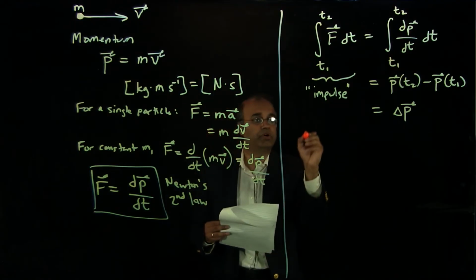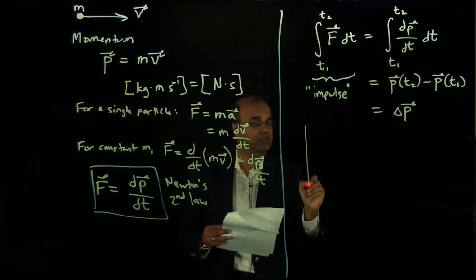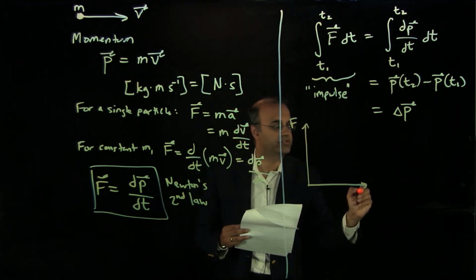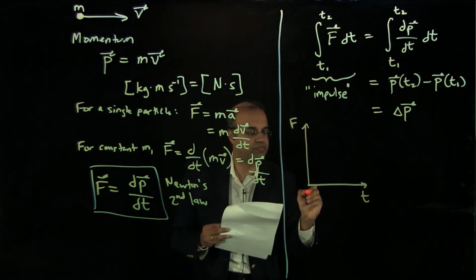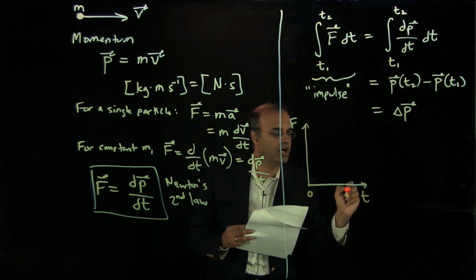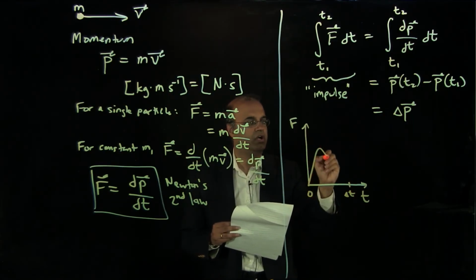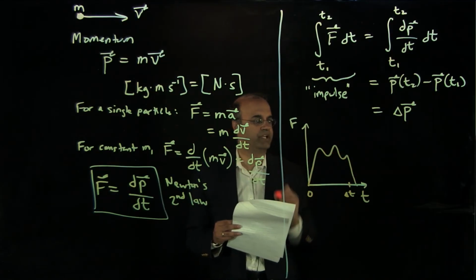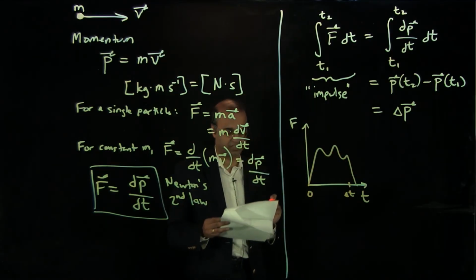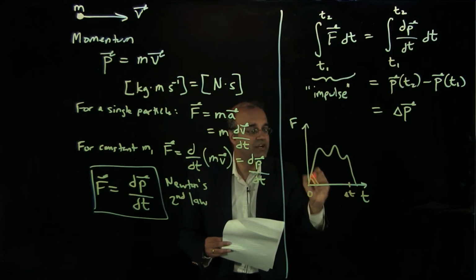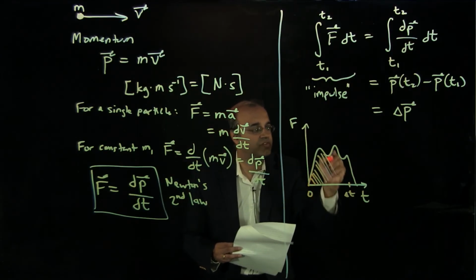And so suppose I were to graph the force as a function of time going from time 0 to a time delta t, and suppose I had some complicated function that looked like that. The impulse is just the area under this curve. It's the integral of this function.